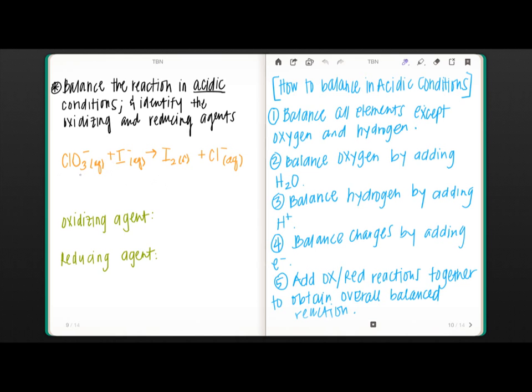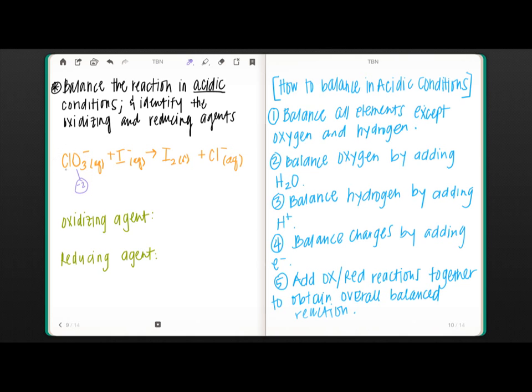For oxidation numbers, oxygen is almost always -2. Now, -2 times 3 is -6, and you're trying to figure out the charge for chlorine. Keep in mind that this compound needs to have a -1 charge overall, as you can see here.